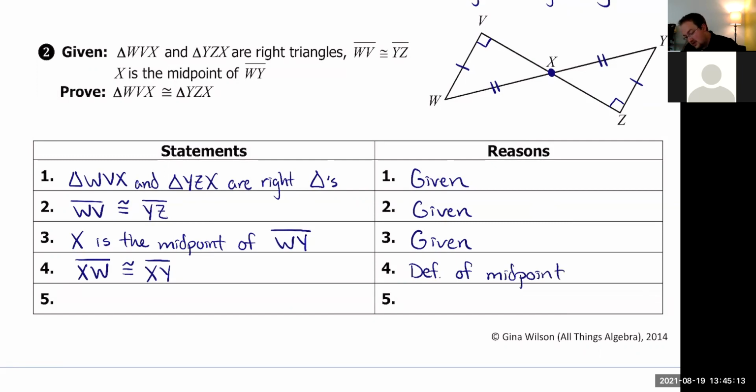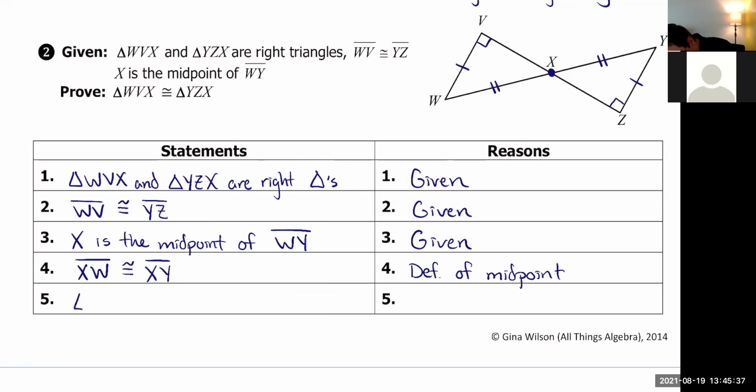Now, if I look at the diagram, we were given a set of congruent legs. We were told they were right triangles, and then we were able to prove that the hypotenuse of each triangle were congruent as well. Do I have enough for hypotenuse, leg, right triangle congruence? Sure do.